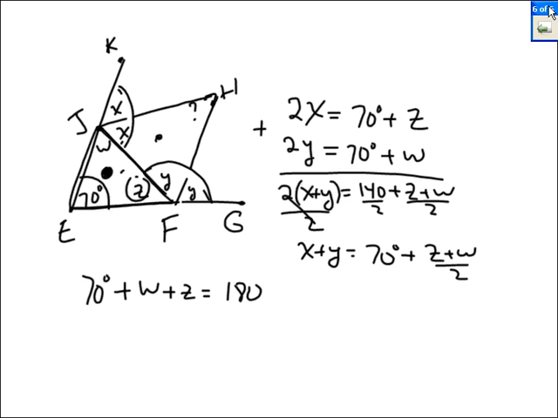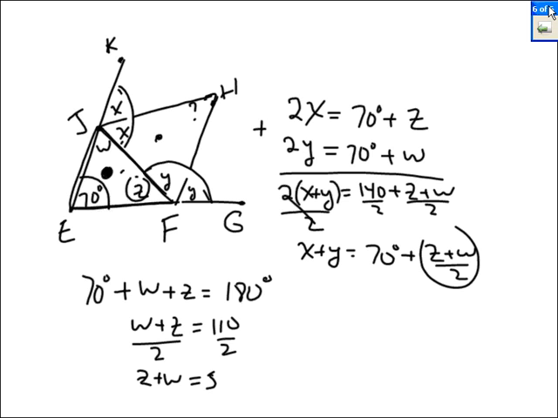Well, 70 plus 110 is 180. That is, W plus Z is 110. So divided by 2, whether you write W plus Z or Z plus W, it is 55 degrees. So angle X plus angle Y is 70 degrees plus 55 degrees, which is 125 degrees.